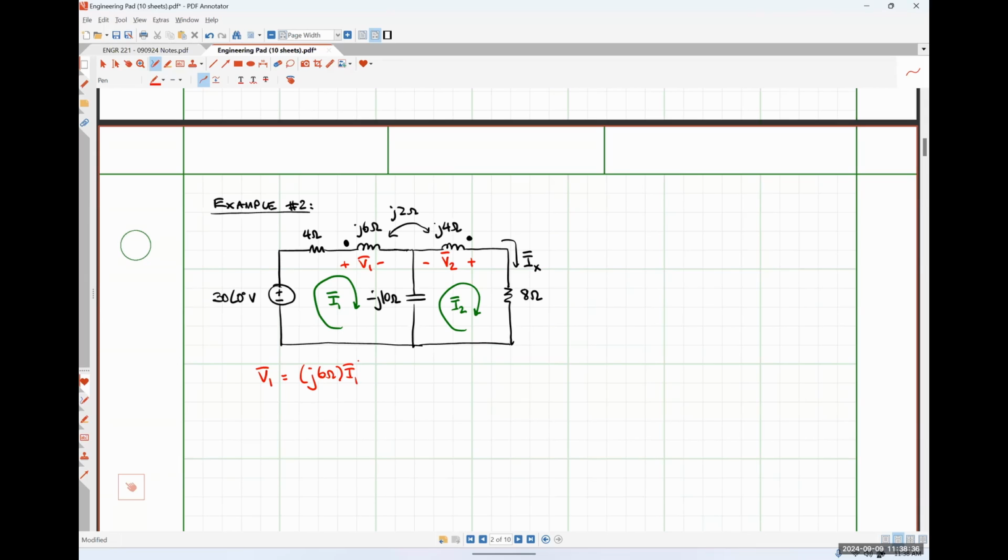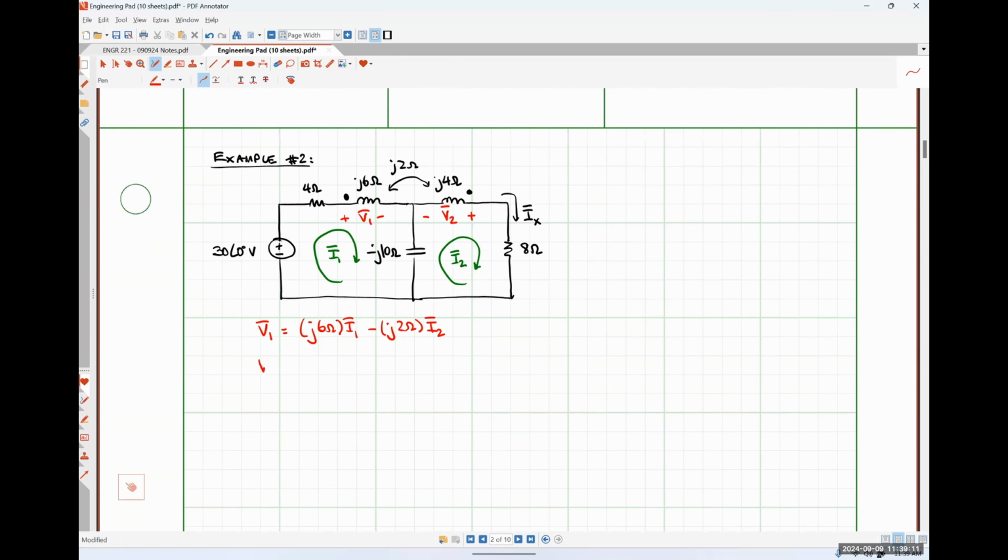Somebody else tell me what the mutual term should be. Negative J2 times I2. Okay. Anybody have any questions about those polarities or those values? All right.